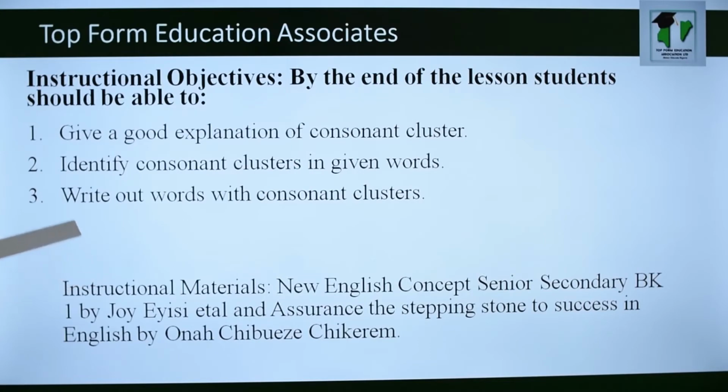By the time we must have seen the meaning of a consonant cluster, we'll identify them in words. We'll be able to do what? Think out and write out words that have consonant clusters in them. Our instructional material is our New Concept English textbook, Book 1 by Eyisi Joy et al., and Assurance, the Stepping Stone to Success in English by Ona Chibuzo Chikerem.